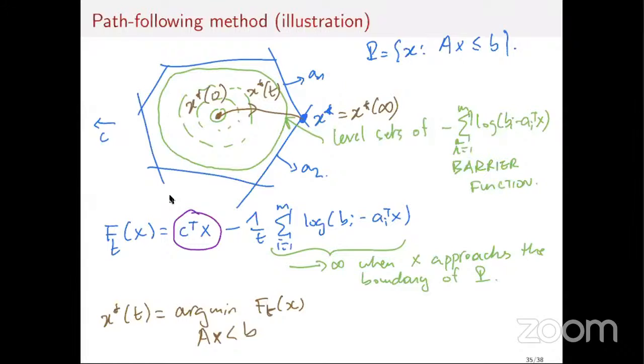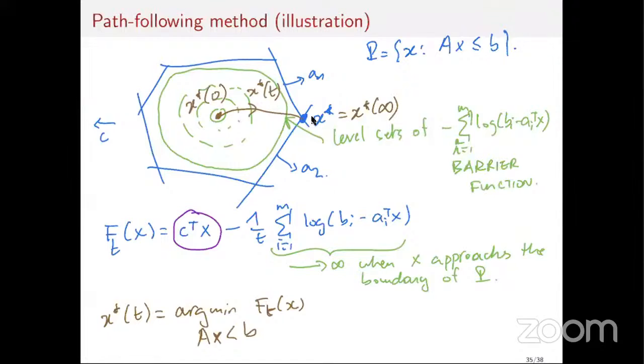Okay, so the whole idea of path following methods is to actually follow this path. So what you do is you start, we assume that we have a certain value x star of t1 that is given to us. And then we will use this to compute x star of something slightly bigger than t1, and then something slightly bigger, and so on and so forth, until we converge to x star.